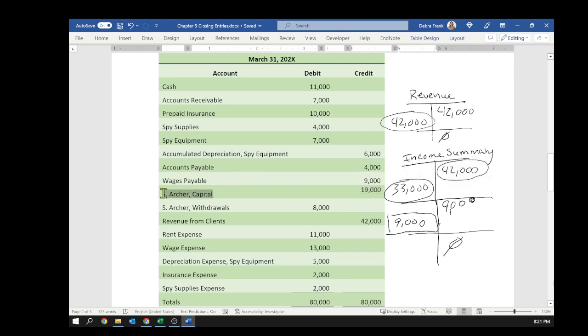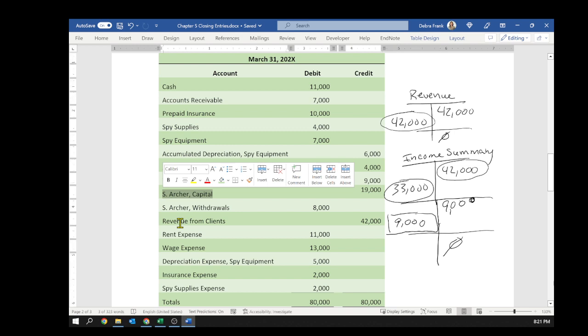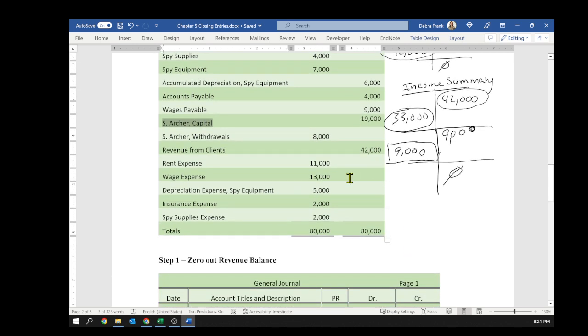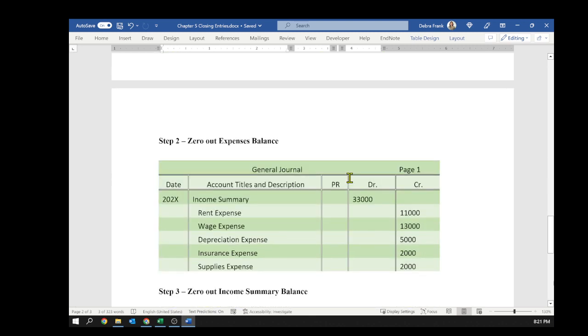All right. So that's what it was, but now we're rolling up. We're going to roll up all our revenue and our expenses to this capital account. And so our capital account actually is going to grow by 9,000. So we'll do a debit to income summary and a credit to S. Archer Capital, because that increases capital by 9,000.